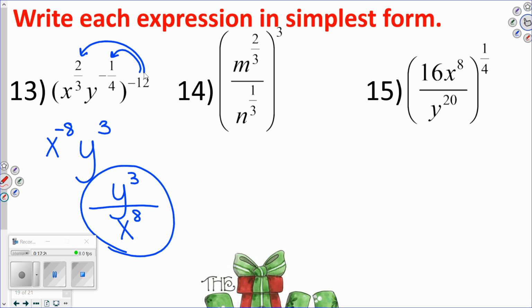All right, 14. What do we do first on 14? We distribute. So it's going to come up here, and it's going to go down there. It's going to go to everything inside of there. So on the top, my base is an m, 2/3 times 3. Yes, sorry, my red didn't say. I'm multiplying by this exponent and that one down there too. 1/3 times 3.